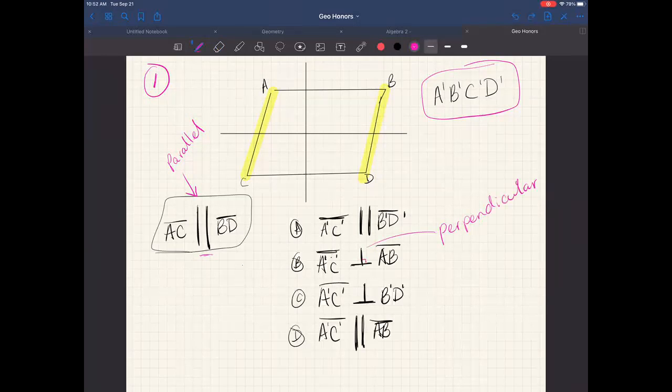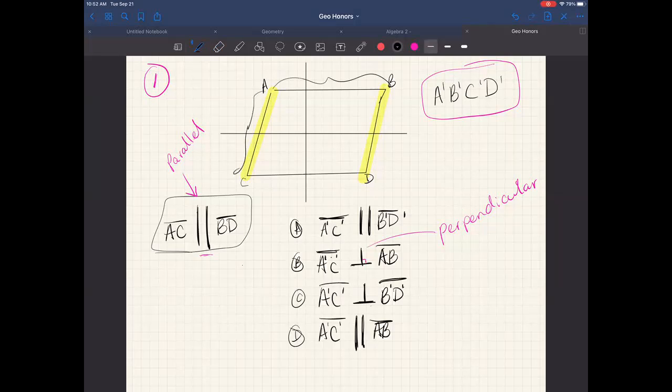So the pictures basically are a little representation of what the words mean. Okay. So then it's A prime, C prime is perpendicular to B prime, D prime. I lost my segment line there. And then D is A prime, C prime is parallel to A, B. So this one is parallel to that one, to this one.